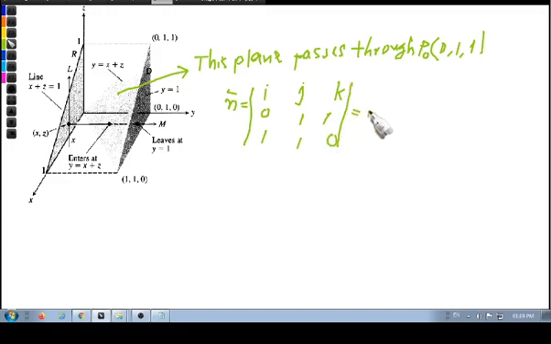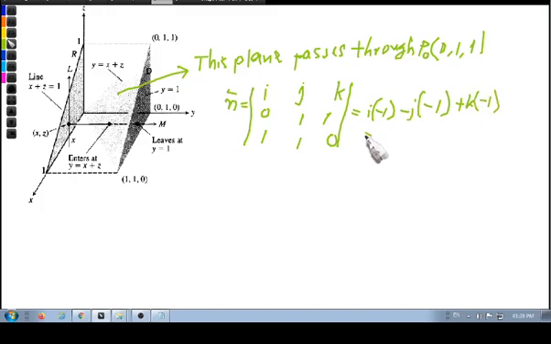That is equal to vector i times (0 minus 1), so it is minus 1, minus vector j times (0 minus 1) again, so it is minus 1, plus vector k times (0 minus 1), so minus 1 again.